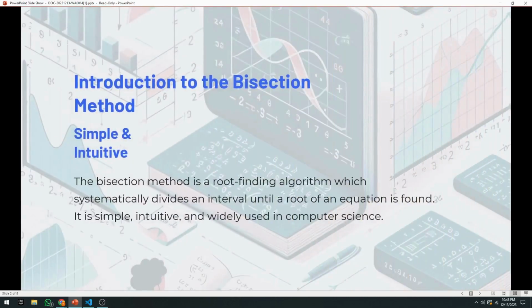Moving towards the first slide, we got the introduction to the bisection method. The bisection method is a root finding algorithm which systematically divides an interval until a root of an equation is found. It is simple and widely used in computer sciences.